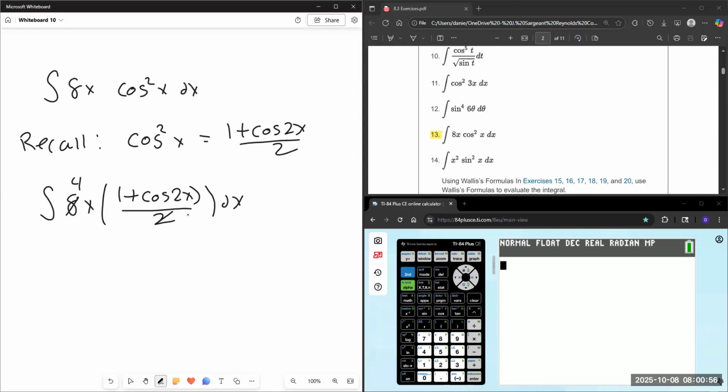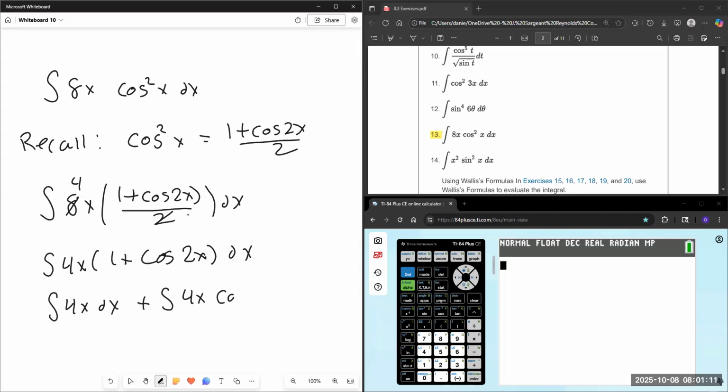I have integral 4x times (1 plus cosine 2x) dx, which is integral 4x dx plus integral 4x cosine of 2x dx.